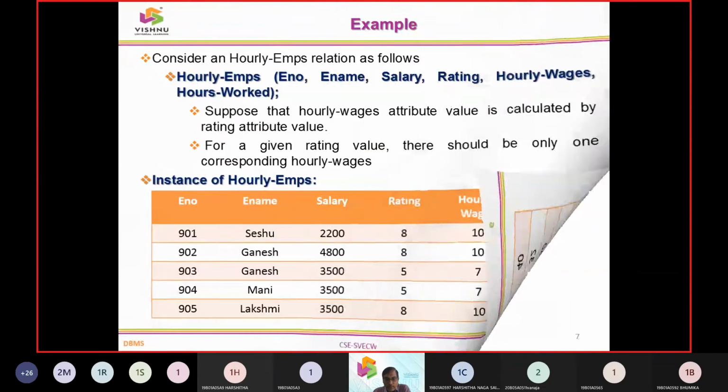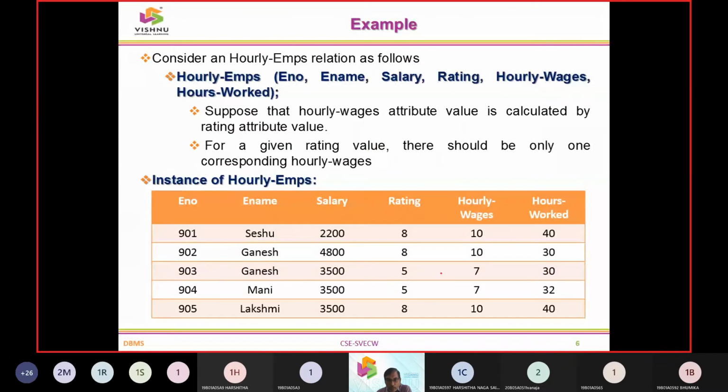So go back to the example. Now I have a value of 8 and 10 in one record. Similarly, I am going to have 5 and 10 in one record, and similarly 5 and 7 in another record.